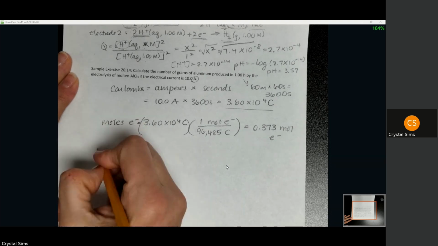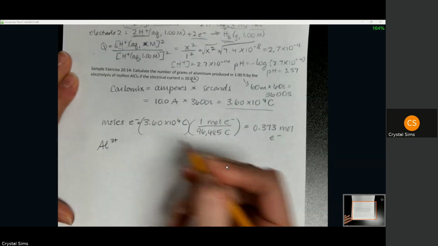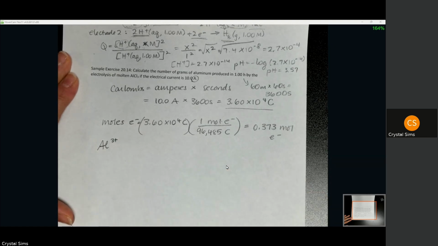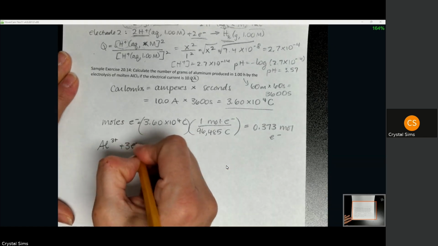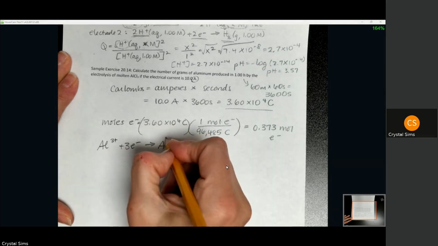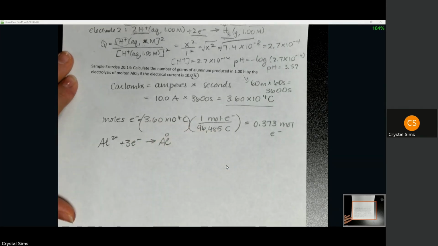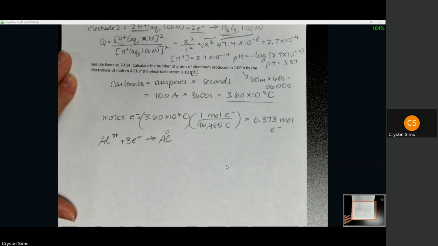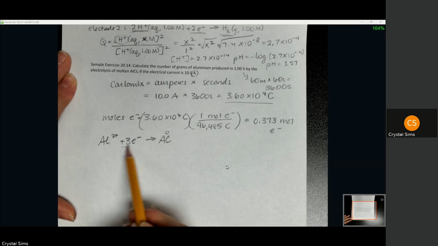Well, we know aluminum as an ion has a 3+ charge, which means that it would need 3 electrons to get to elemental aluminum, which would have an oxidation state of 0. So it's going to take 3 moles of electrons to form 1 mole of aluminum.